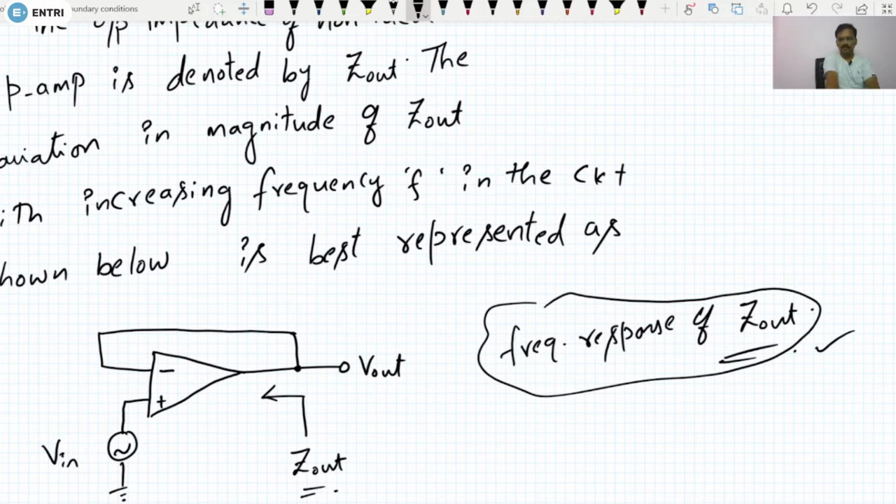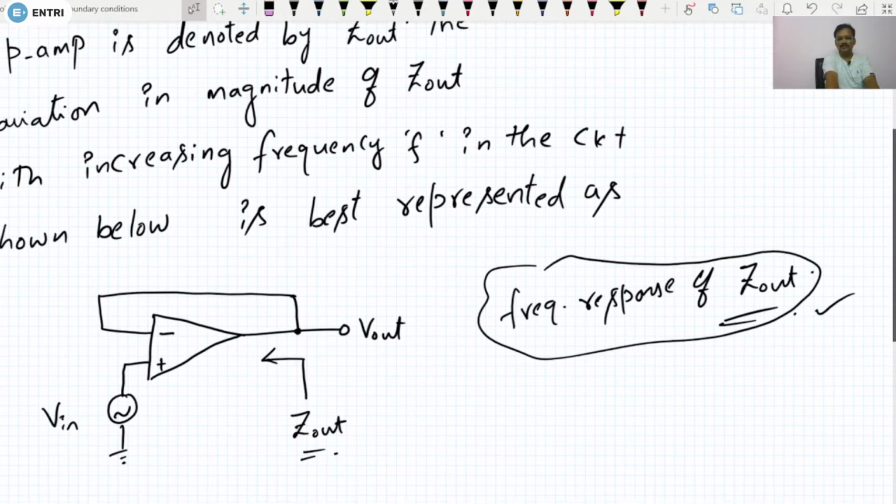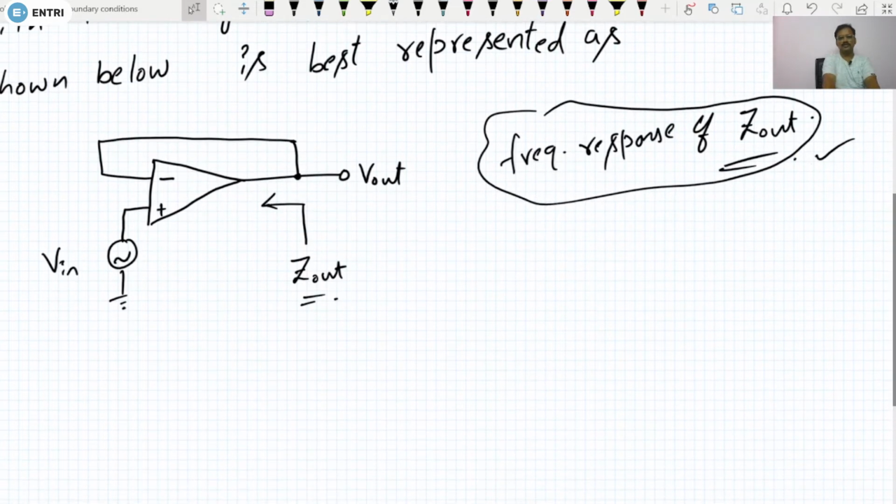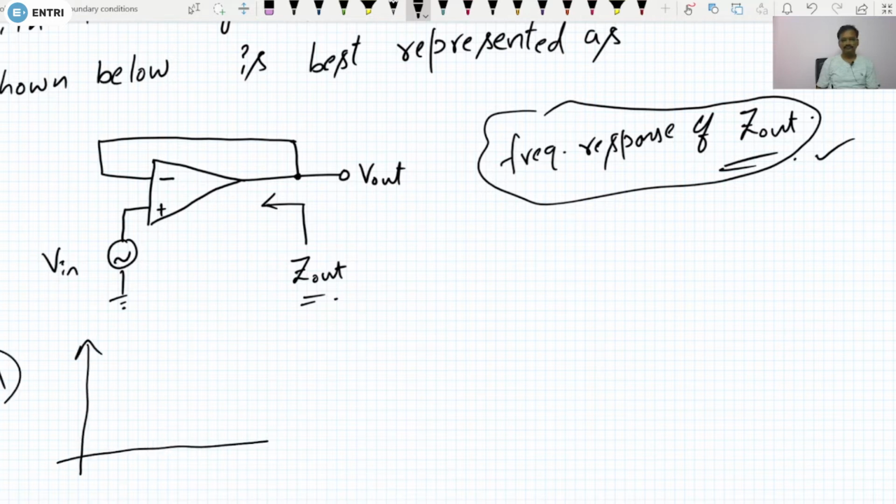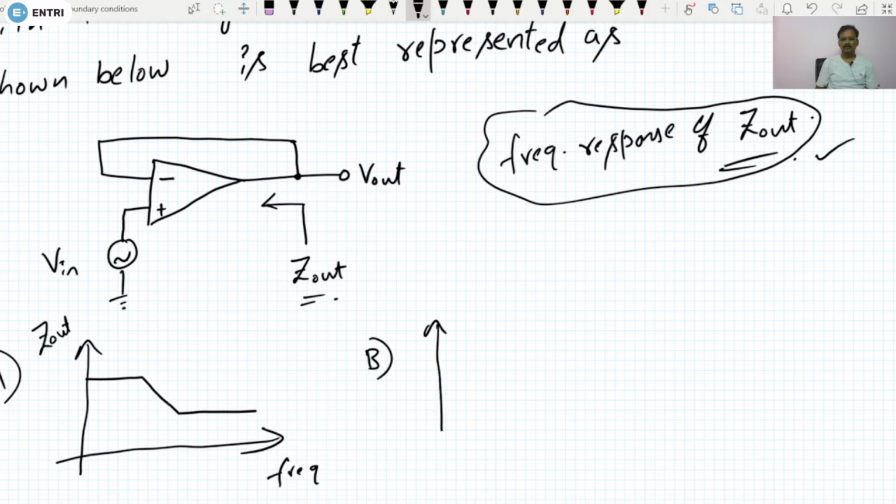They have given some graphs here in options A, B, C and D. Out of those options, you have to choose the correct option. Option A is a Z out versus frequency graph given in this manner. Option B is some constant Z out like this.